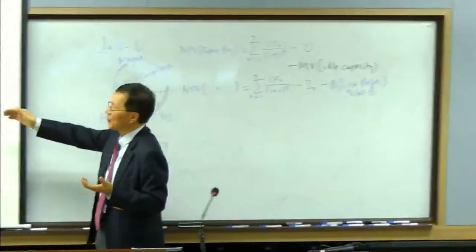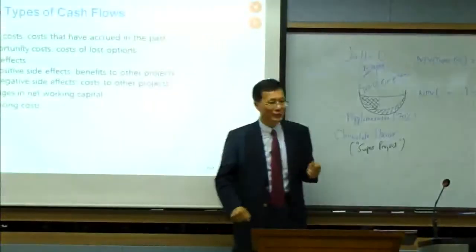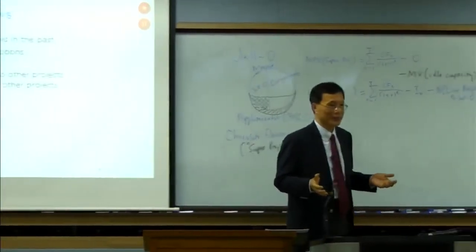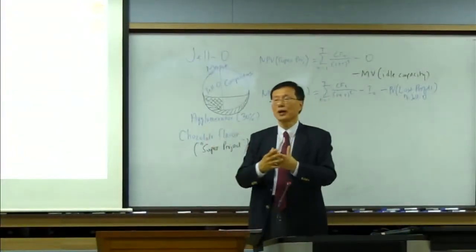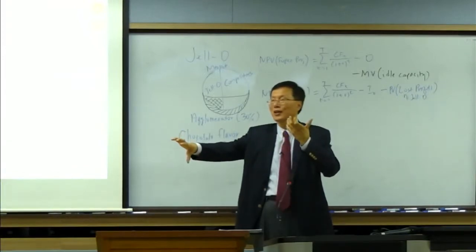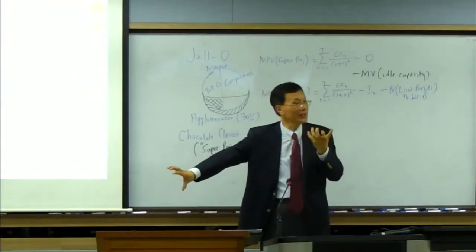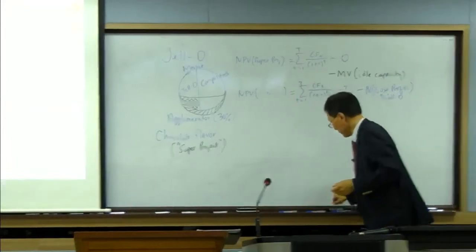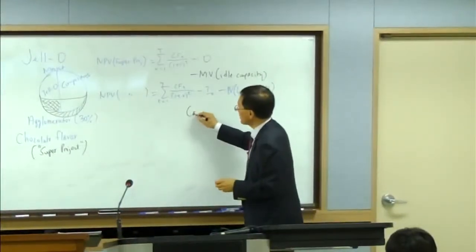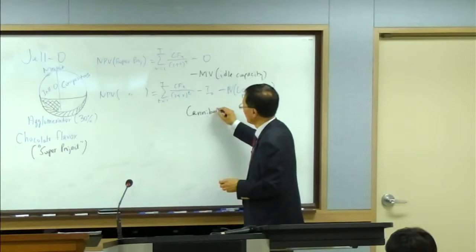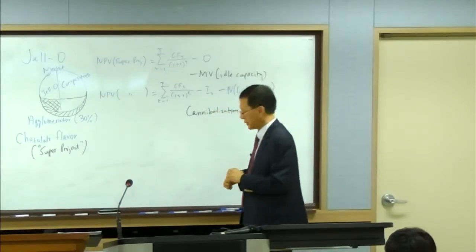That's what's called negative side effects. Introducing this new product is going to reduce the revenue of other products that the company has. And this is also known as cannibalization.